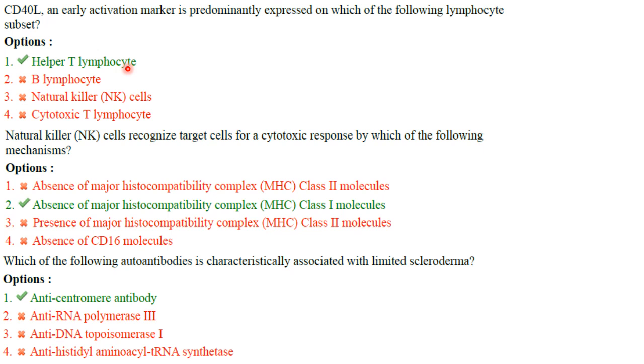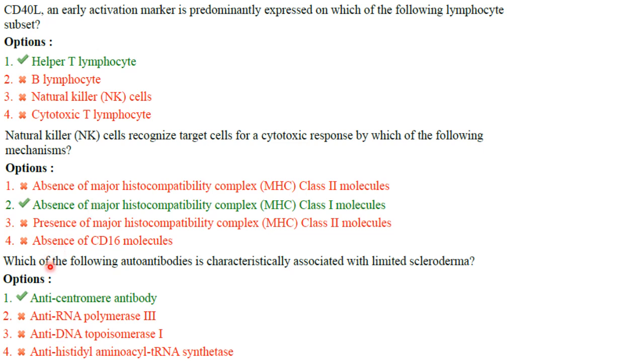These anti-tumor or antiviral antibodies are bound to the surface of these tumor cells or viral cells, and NK cells attach to the Fc region of these antibodies and destroy the tumor cell or virus infected cell. Here they have given only one method by which NK cells recognize their target cell for cytotoxic response. It is absence of major histocompatibility class 1 molecule. Answer is option 2.